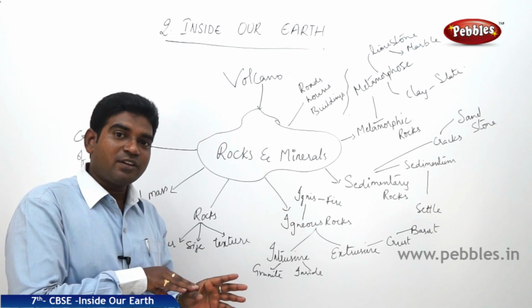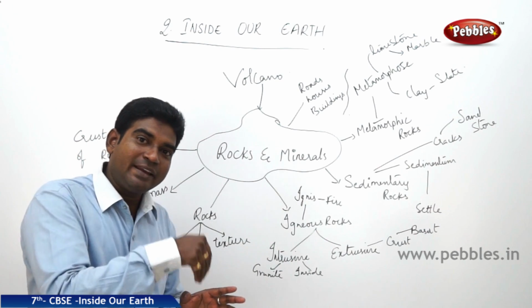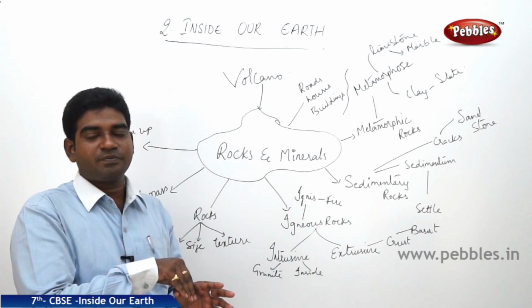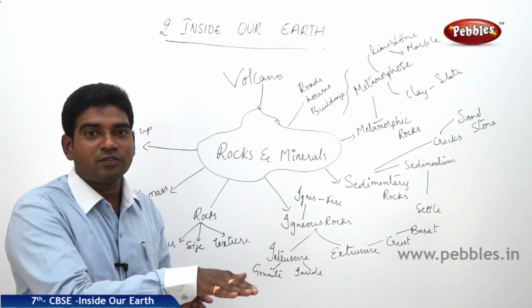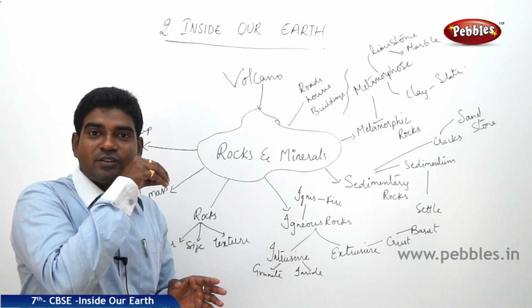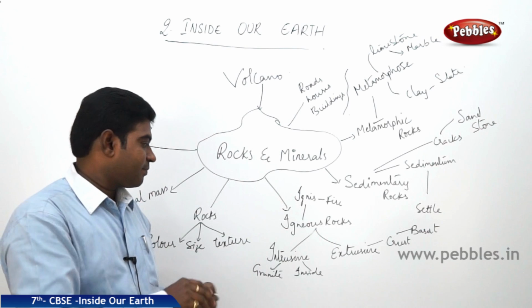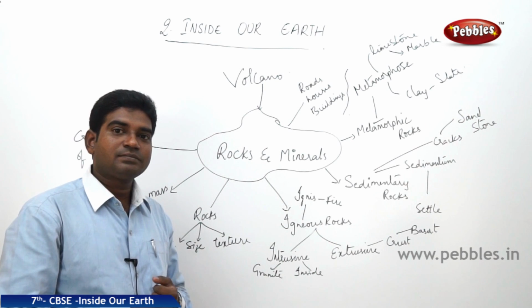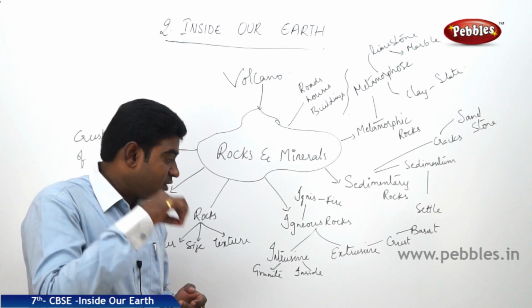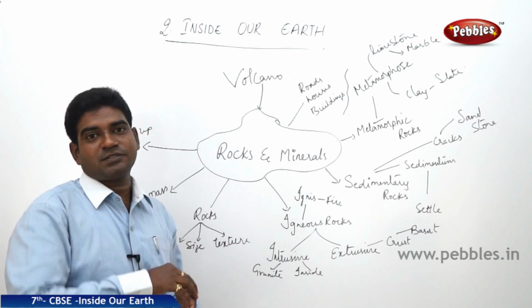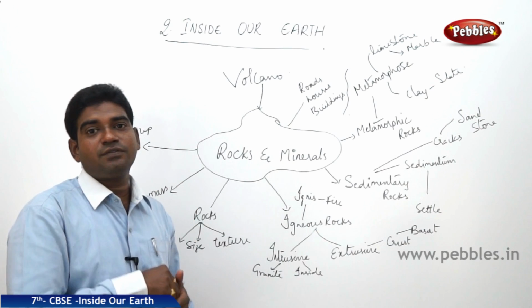Here it fills the gaps, but it goes into the inner layers of the earth, deeper than the crust. It is not just staying on the upper part of the crust, it is going inside the crust. That's why it is called intrusive rocks.